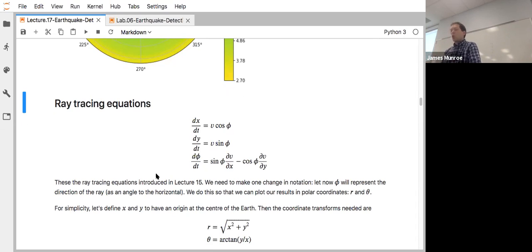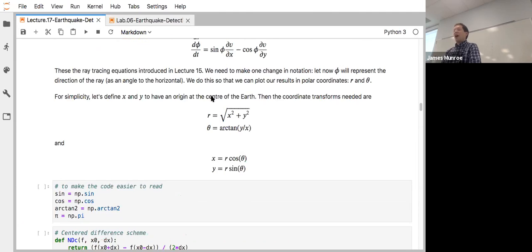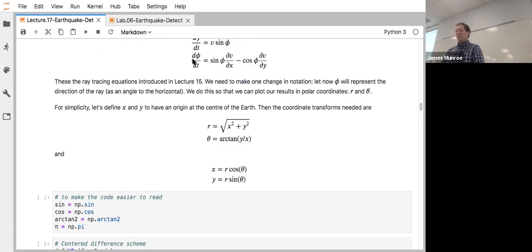This theta here refers to where in the earth I happen to be. The phi refers to what direction I'm headed, to make it clear. The mapping is r is equal to the magnitude of x squared plus y squared, and theta is equal to the arctan. And x equals r cos theta, y equals r sine theta, just in the normal way.